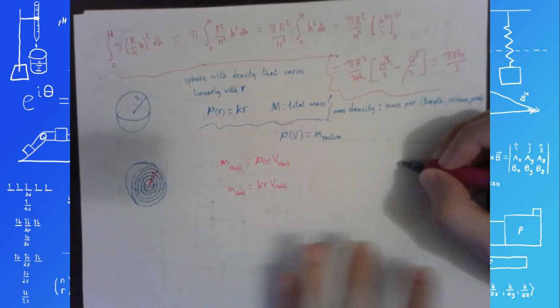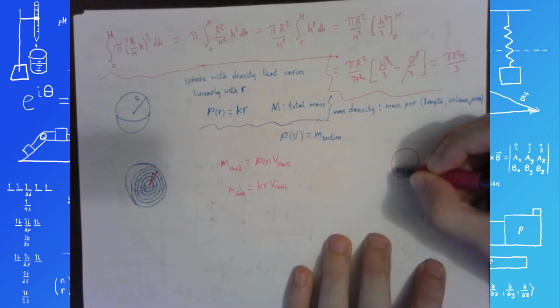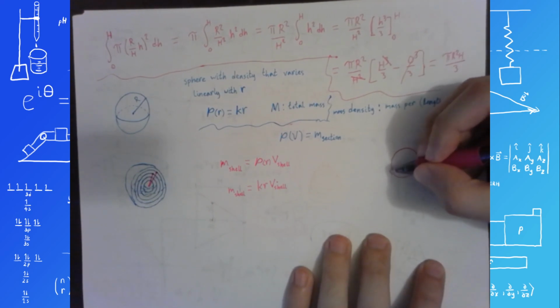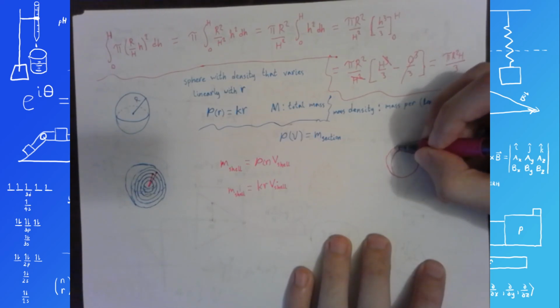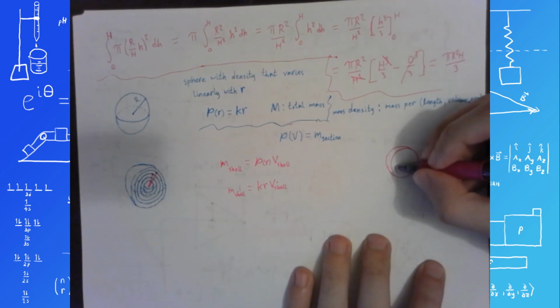Let me try and draw one. Let me attempt to draw one of these shells. Let's see, and I'll draw a half shell rather, since that seems to be the best I can do. I'll draw a half shell like this.